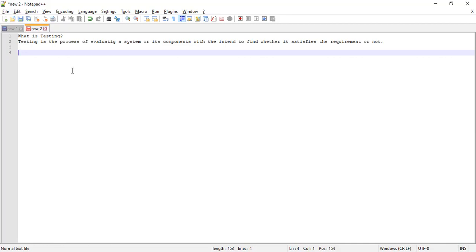So we have to evaluate whether the system is behaving as intended, according to the requirement or not. That is what we call testing. Basically, if you take an example of an ATM, an ATM is also software.